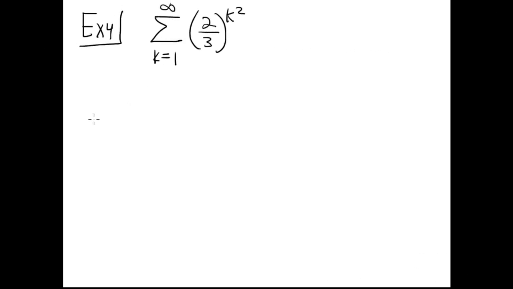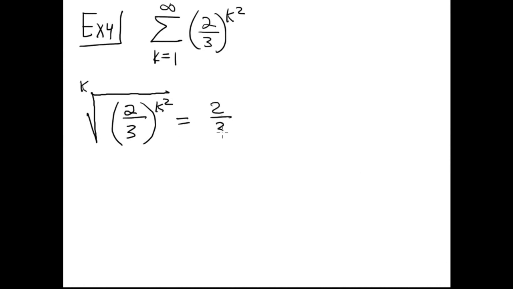Okay, again you apply the root test. The k-th root of (2 over 3) raised to the k squared. It's obvious it's 2 over 3 raised to only k, because it's k squared divided by k, which is just k.